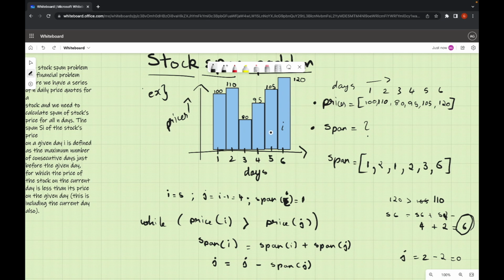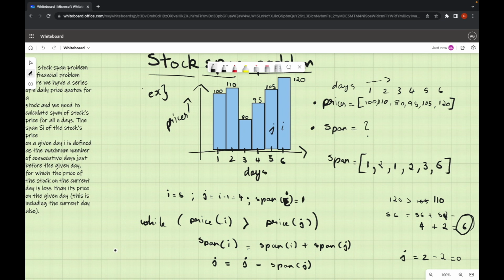So by transitive property, the price on day I will be greater than that of day J and all the stocks that contributed to the span of day J. So you straight away increment the span by the span of day J and decrement the index J by the span of day J. Okay, so that's what is happening.